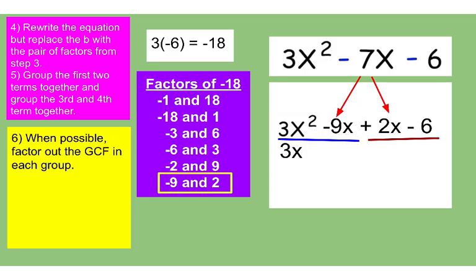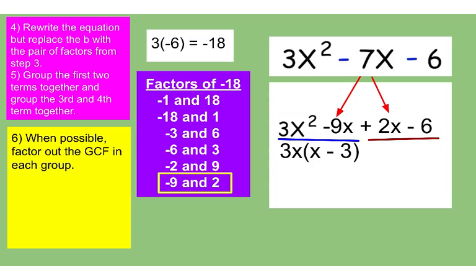Once we factor out the greatest common factor, we'll ask ourselves, what times 3x is going to get me 3x squared, and that's just x. And what times 3x is going to get me a negative 9x, and that's just going to be negative 3.